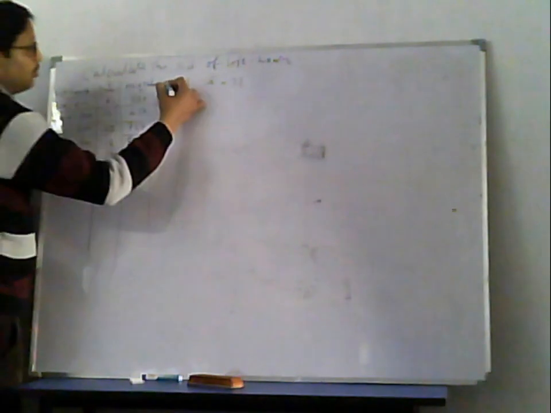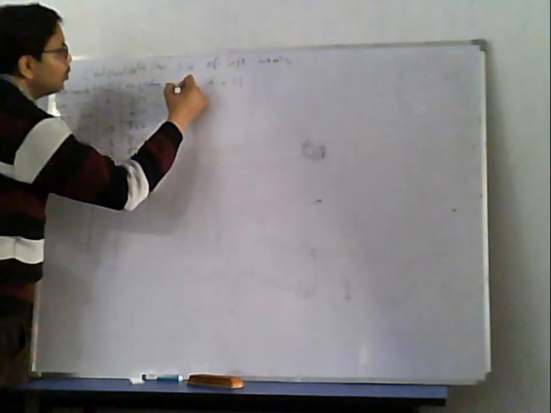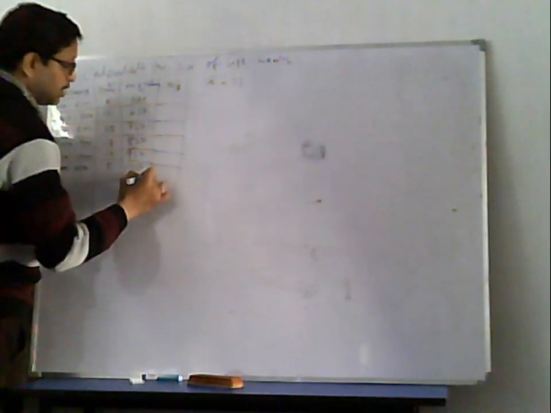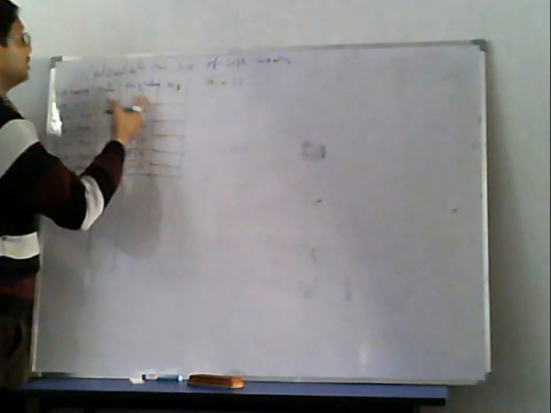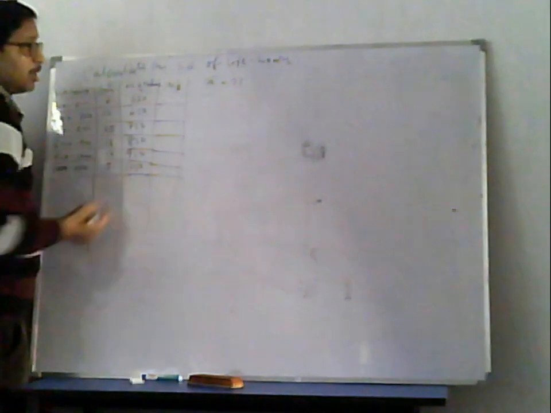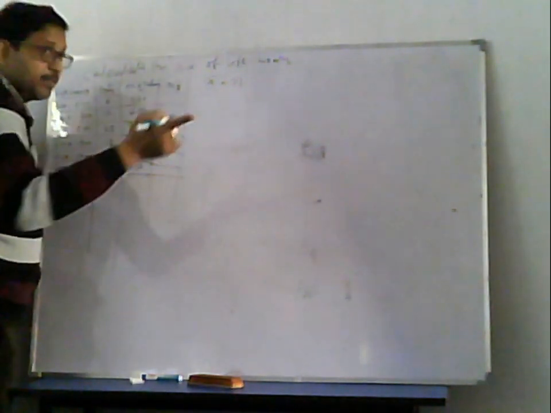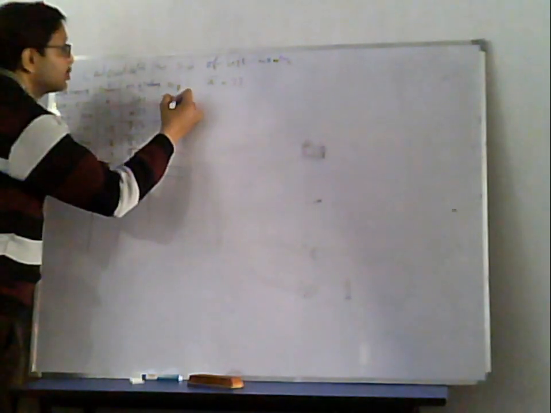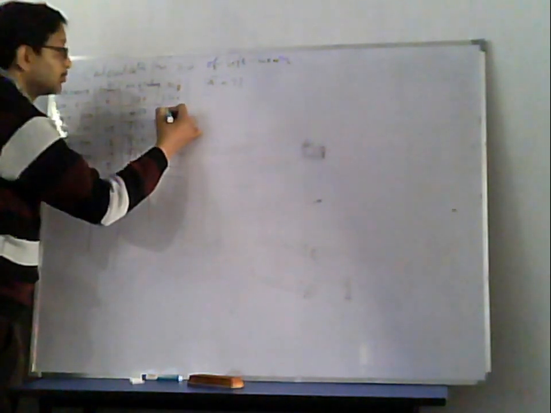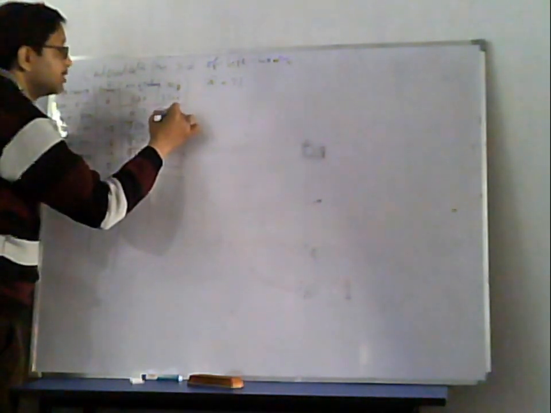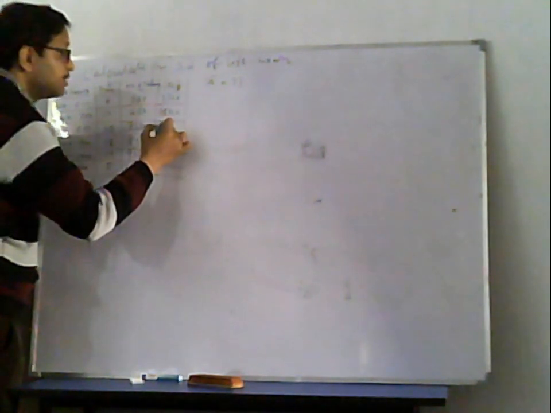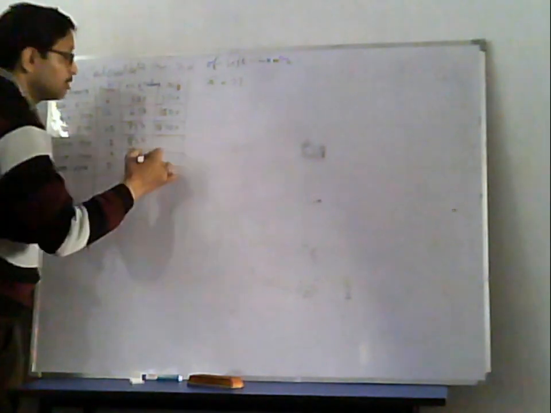Okay. Now we have to calculate xi into fi. So this into this. Put the data in your calculator and tell me. 3300. Next, 7800. 18750.